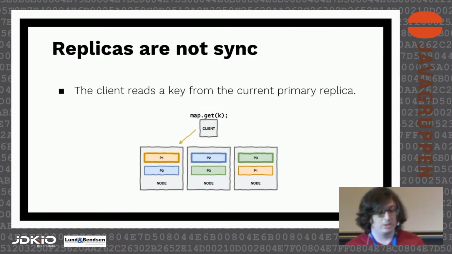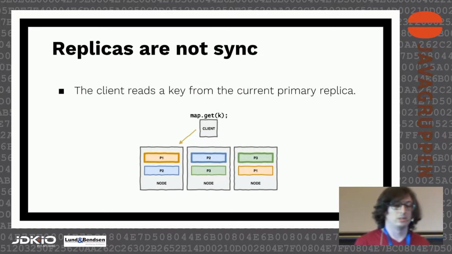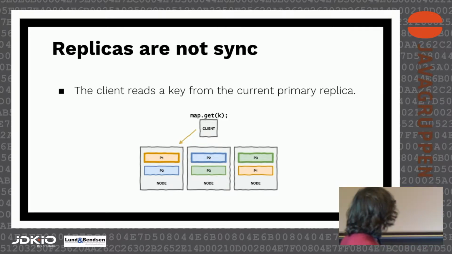So let's say that we are in this state. Again, I have the same example: 3 nodes, 3 Hazelcast servers, and 3 partitions. I'm reading the value of a key from partition 1, from the primary replica of partition 1, which is the first node on the left-hand side. Let's say that its backup, which is the third node here, is not synced with the primary, so there were some lost backup objects earlier.